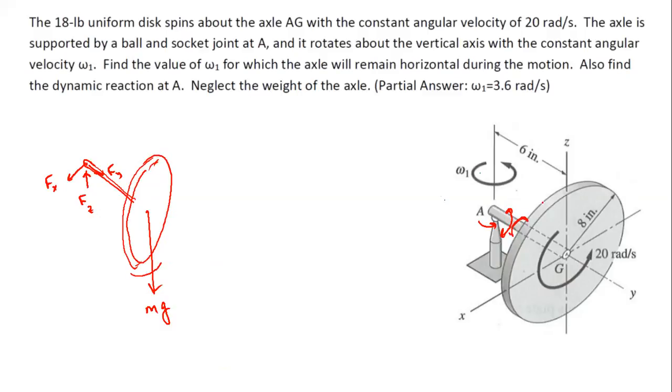So it would let any of those types of motions go, but it does keep point A right there. So it lets the rotations go. So there's not a torque or a resisting moment, but there are all those forces on a ball and socket. Okay, so any other forces or moments that are acting on this thing?